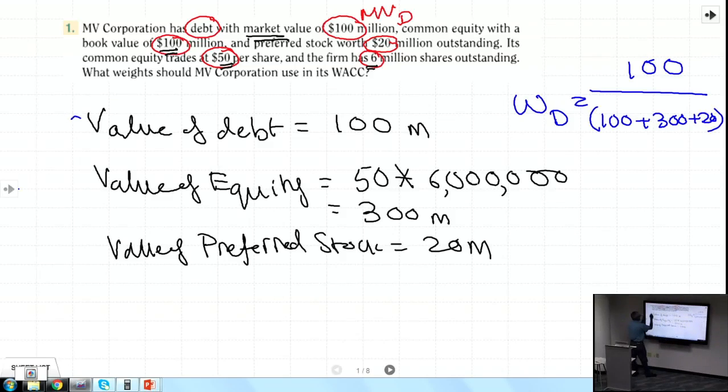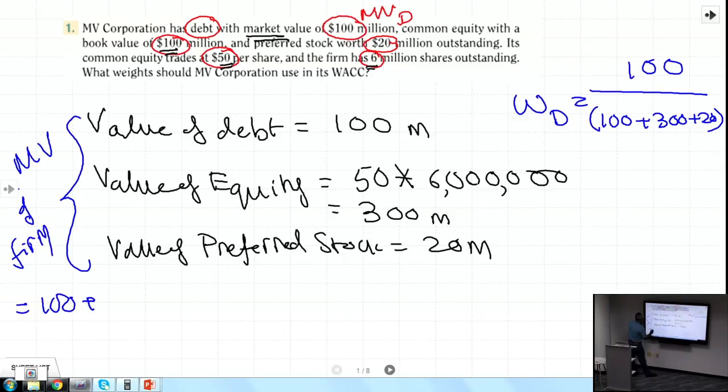Or another way of doing this would be to say that the market value of firm is 100 plus 300 plus 20, which is 420.